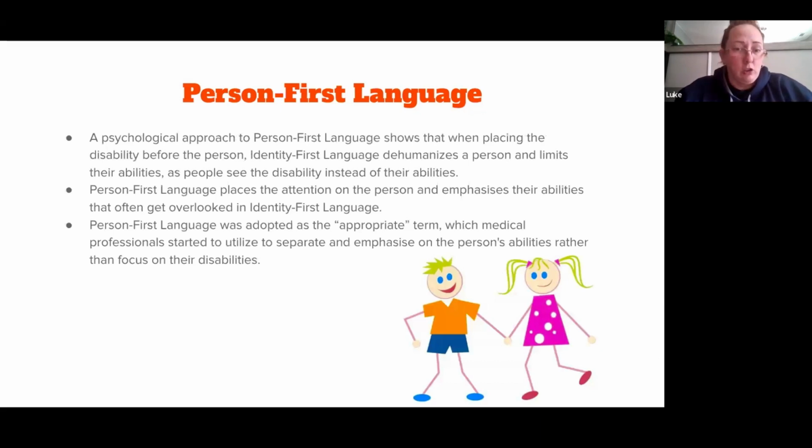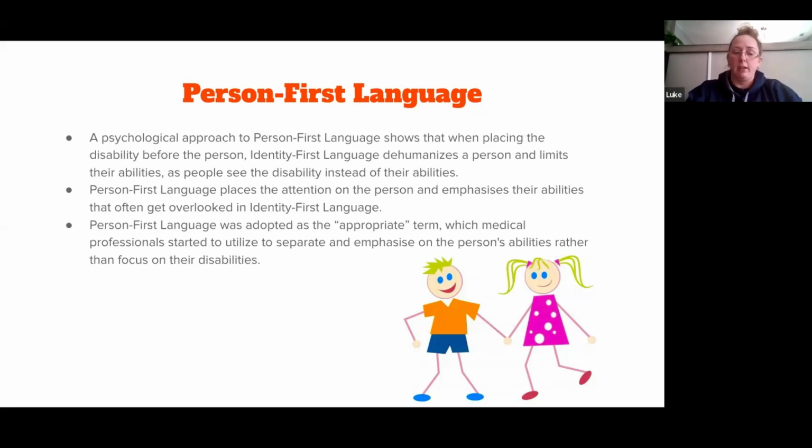So there's a psychological approach to person first language that shows that placing the disability before the person, which is identity first language, dehumanizes a person and limits their ability, as people see the disability instead of their abilities.